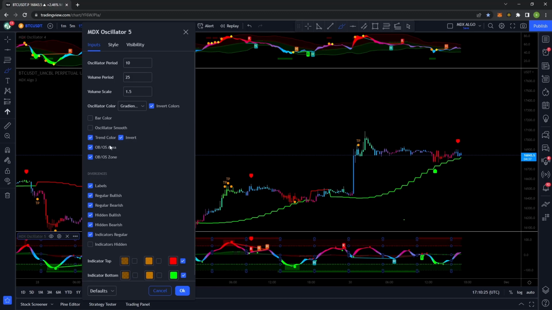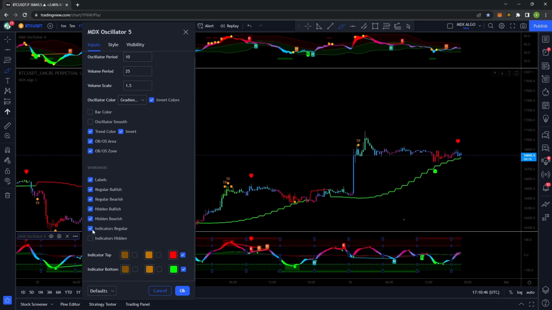But again, we see a whole bunch of things in here that you can play around with. The overbought areas, oversold areas. You can basically add a lot of different things to add confluence to your analysis there. This is all pretty straightforward here.